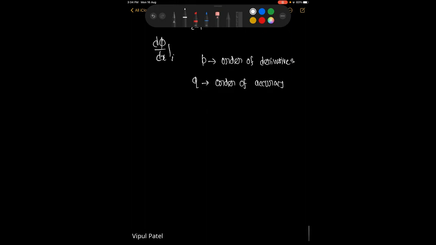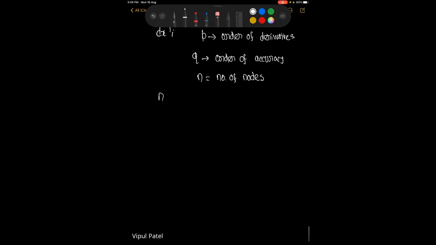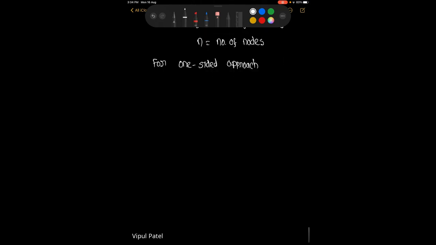Then you can decide the number of nodes using this formula. So for the one-sided approach, one-sided means either forward or backward, you can write n is equal to p plus q.